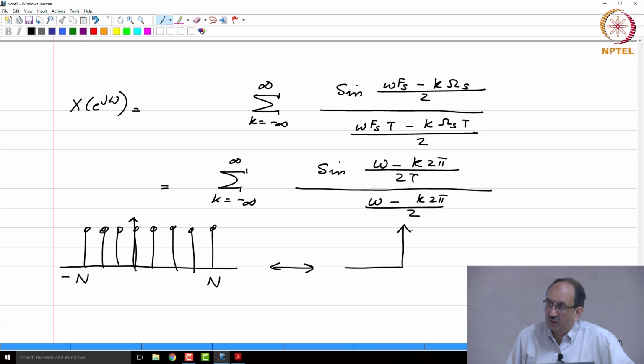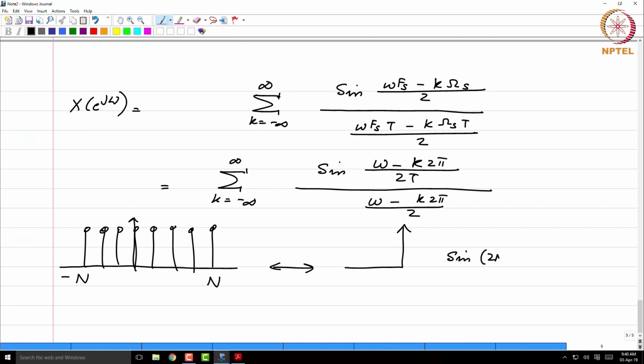So, these are the steps that were done, and this should really be equal to sine of (2n plus 1) omega by 2 divided by sine omega by 2. It does not seem to be like that at first glance, but let us get a feel for what is going on here.